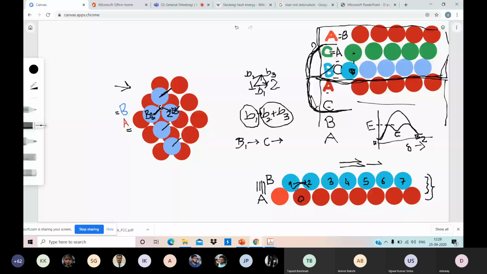Why don't you try an experiment? You buy a set of tennis balls, maybe a lot would be required, but arrange them, put two layers and try to push them.